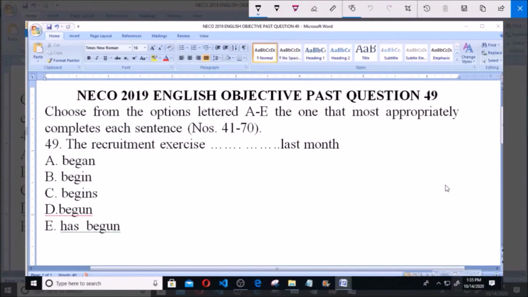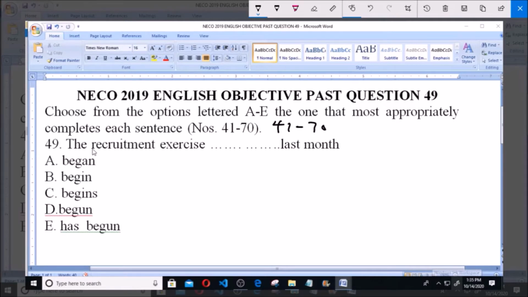Welcome. This is NECO year 2019 English objective past question number 49, and today's question we have this instruction to guide us. The instruction here says choose from the options lettered A to E the one that most appropriately completes each sentence, and this instruction is to answer questions from 41 to 70.